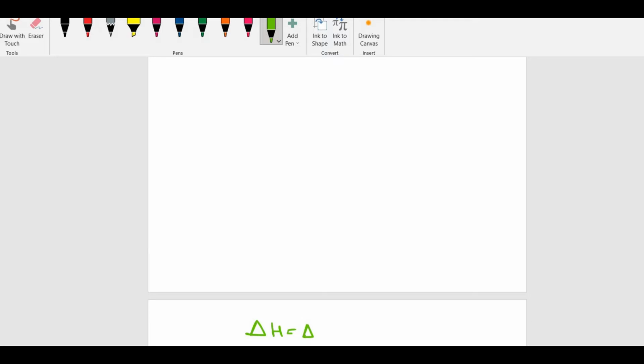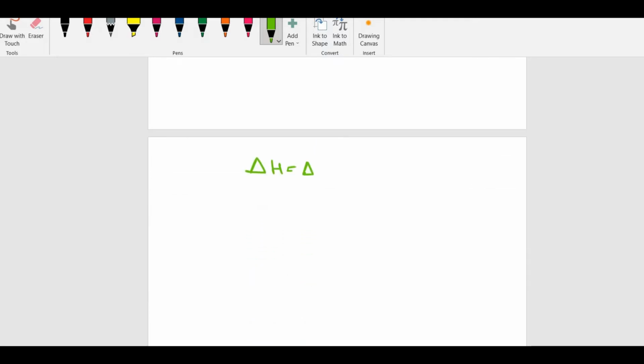Delta H is equal to delta U plus delta NG RT. This is one formula. Another formula is delta H equal to activation energy plus delta NG RT or delta NG minus 1 RT. These are the two formulas that are very important from the examination point of view.